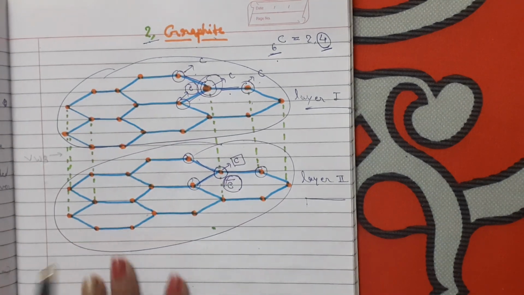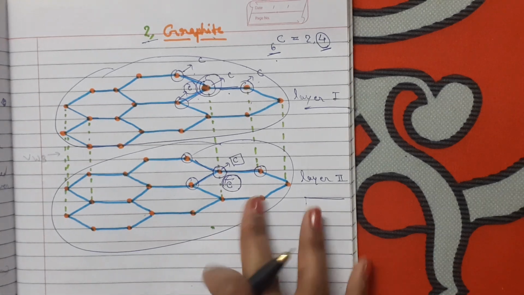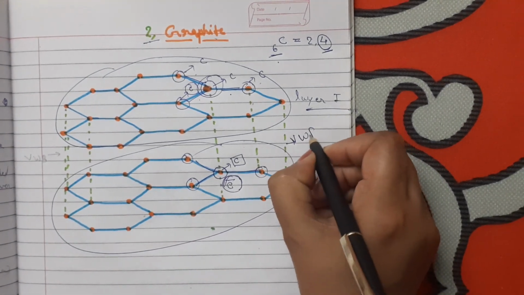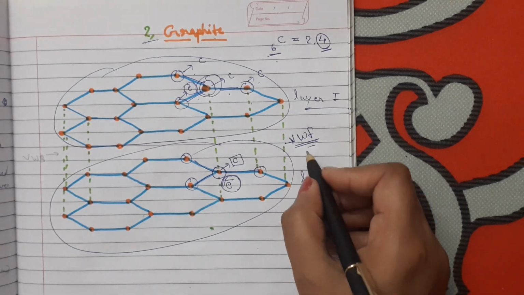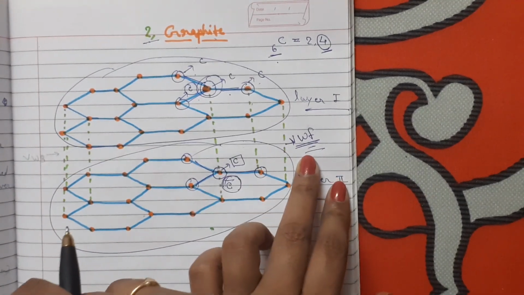But these are connected to each other because of what? Because of Van der Waals force, a Van der Waals bond between the layers, but it is really weak.